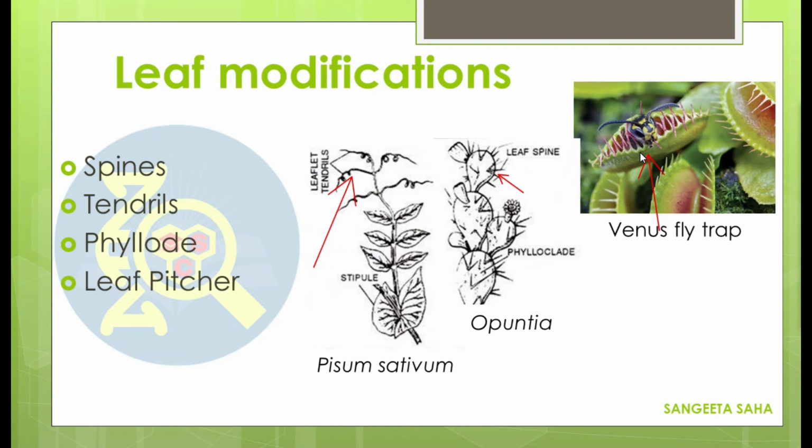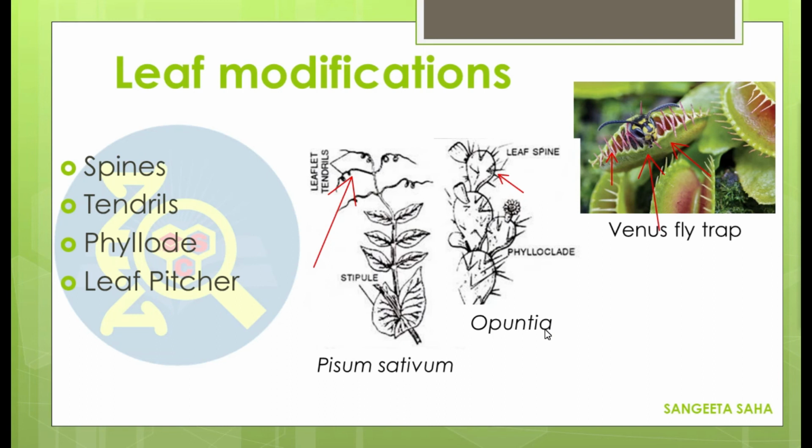As you can see in the diagram, the leaves are open wide, and there are some short as well as stiff hairs. These hairs are very sensitive by nature.